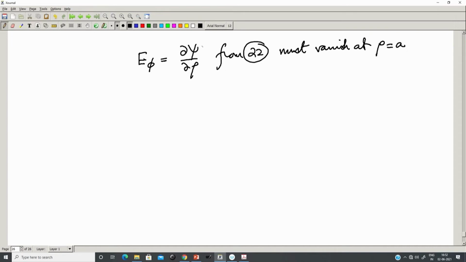And therefore, if this has to be true, we differentiate once with respect to rho. So, therefore, J n dashed k rho A must be equal to 0.